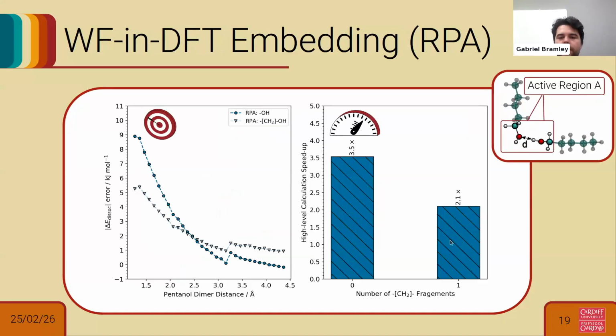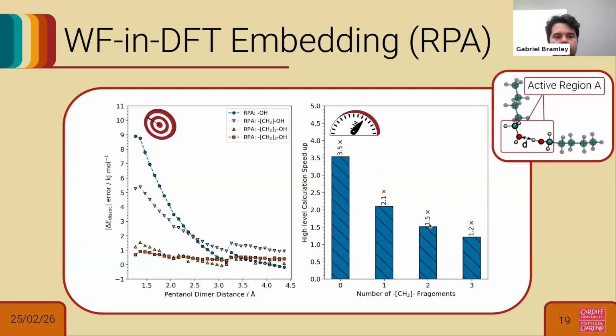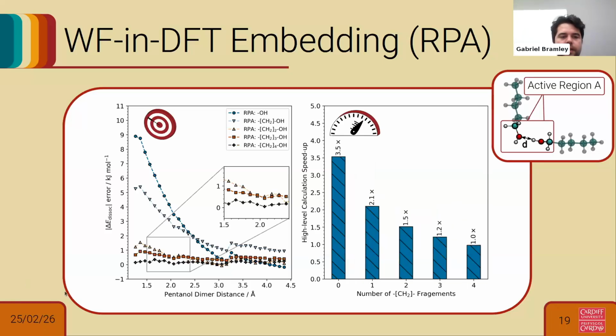And although this moderates the speed up slightly that you get for RPA, we can keep doing this. And we roughly get to a reasonable level of accuracy at around the second or third nearest neighbor from the oxygen moiety. And you get some moderate speed ups for free with RPA.